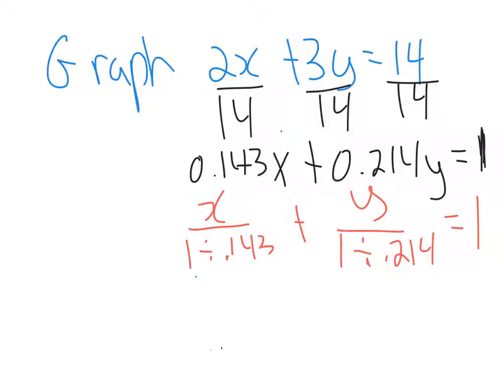All I'm doing is making this into what's called a unit fraction. So if I do 1 divided by that 0.143, so here's where you reach for your calculator, that works out to be 6.99, which rounds to 7.0.